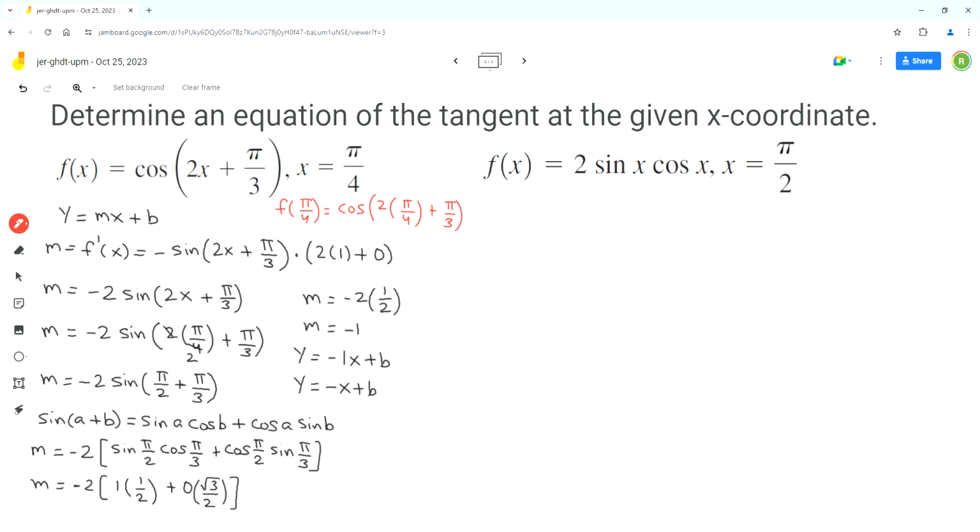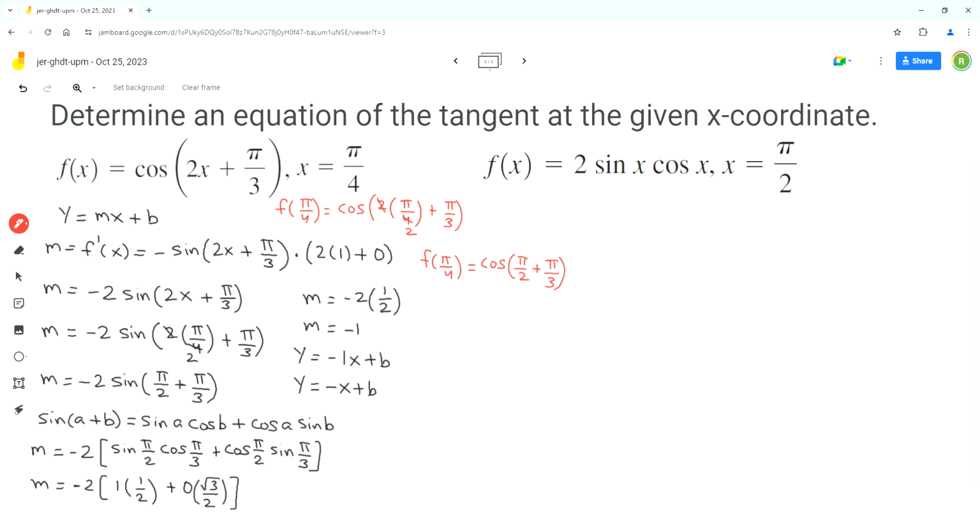So now 2 times pi over 4 can be reduced to just pi over 2. So the 2 and the 4 can be reduced. So we get... now we have to use the cosine angle sum identity.